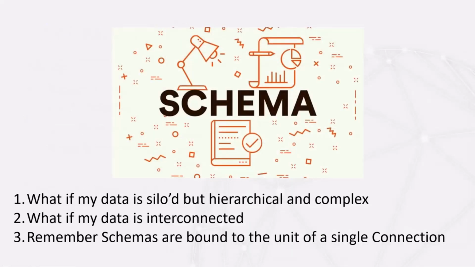As you're talking about schemas, we should also talk about what questions you should have. What if my data is siloed but hierarchical and complex, meaning that everything is in one system, but it is very parent-child, grandchild relationship? You should think about that, because even if it's interconnected, the answer is probably still the same: you may want to do some pre-processing.